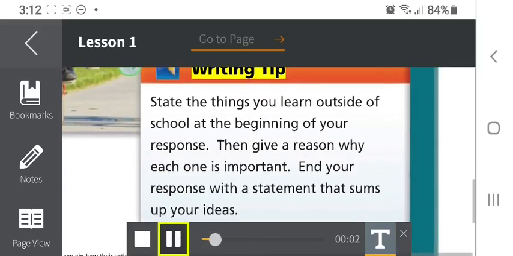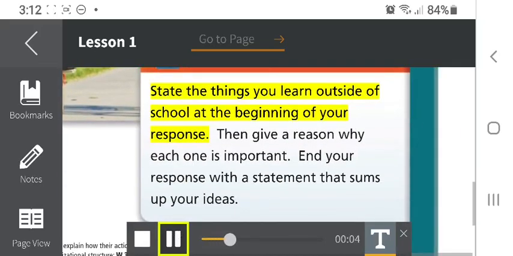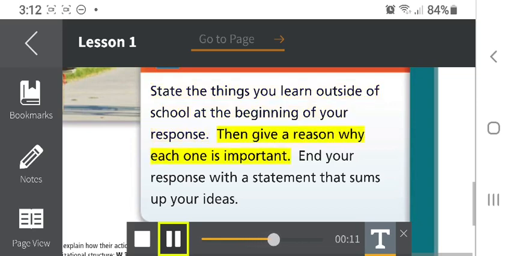Writing tip. State the things you learn outside of school at the beginning of your response. Then give a reason why each one is important. End your response with a statement that sums up your ideas. And like I said, I think learning at home is as important as learning at school. I can learn how to brush my teeth to keep my teeth clean and healthy.